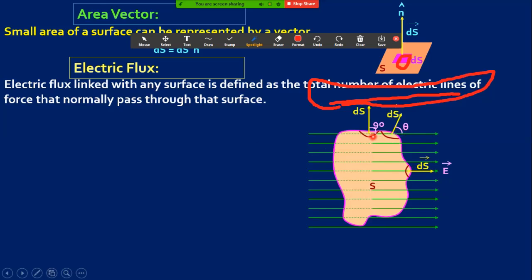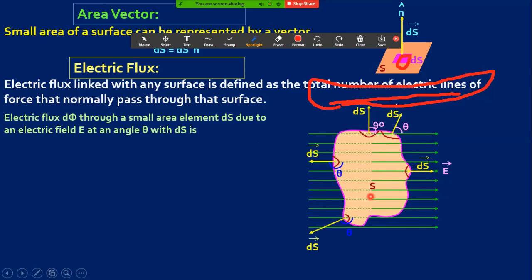Here it is 90 degrees, parallel to the electric lines of force. So my dear boys, you know it very well about electric flux, so I will not discuss it elaborately here.